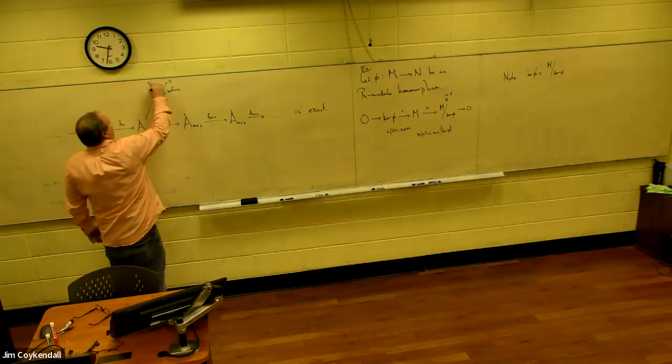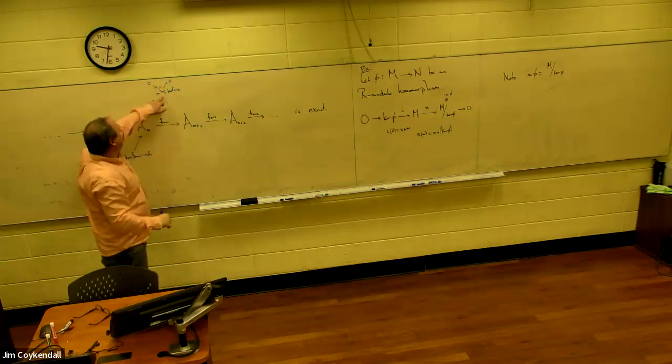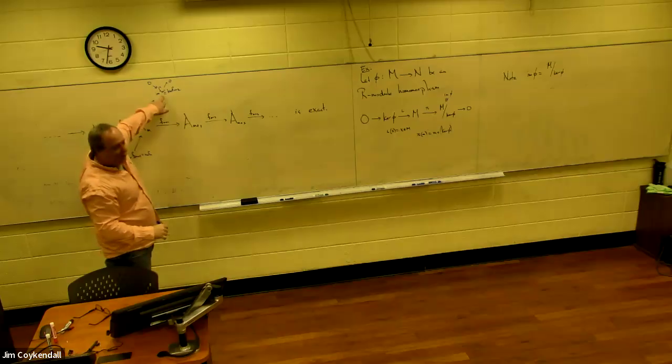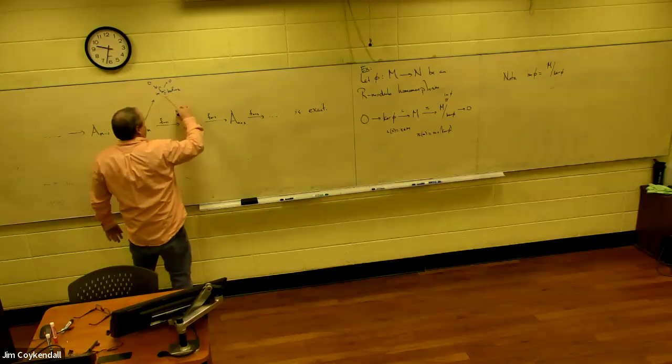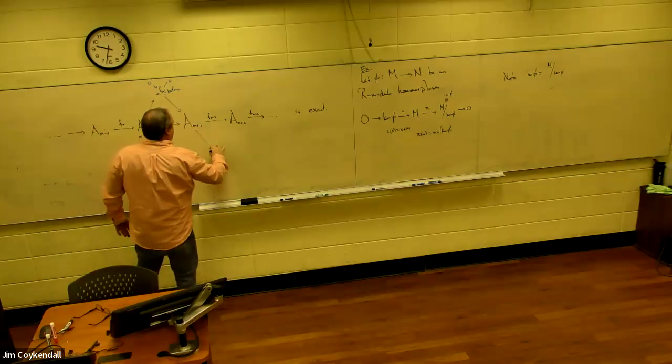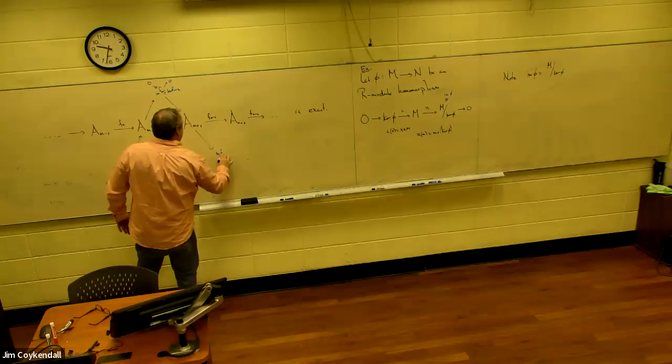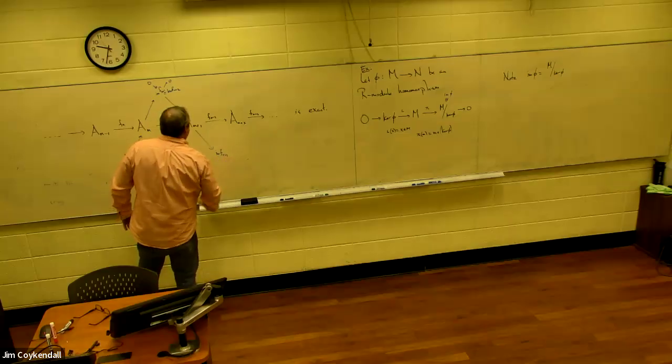Well, thinking of this no longer as the image of Fn plus one, but as the kernel of Fn plus two, this goes into here, and this goes into the image of Fn plus two, right?